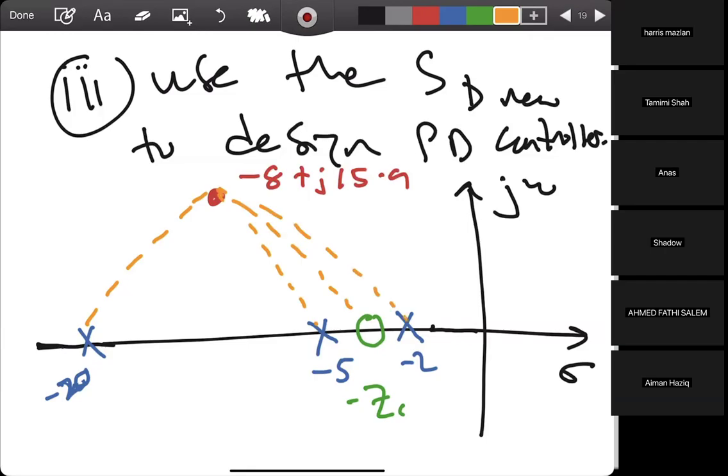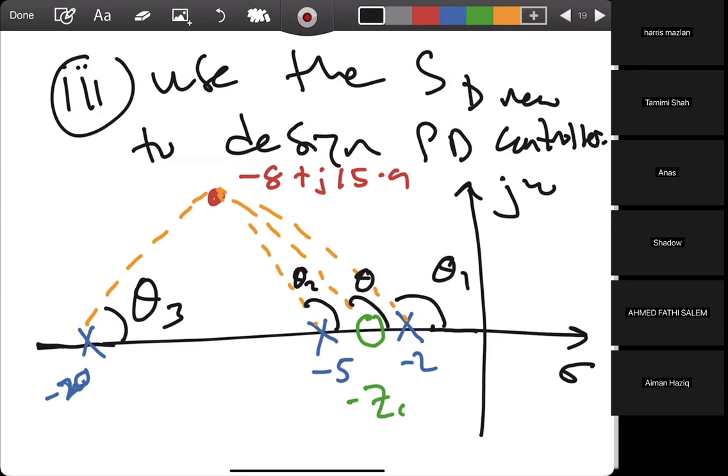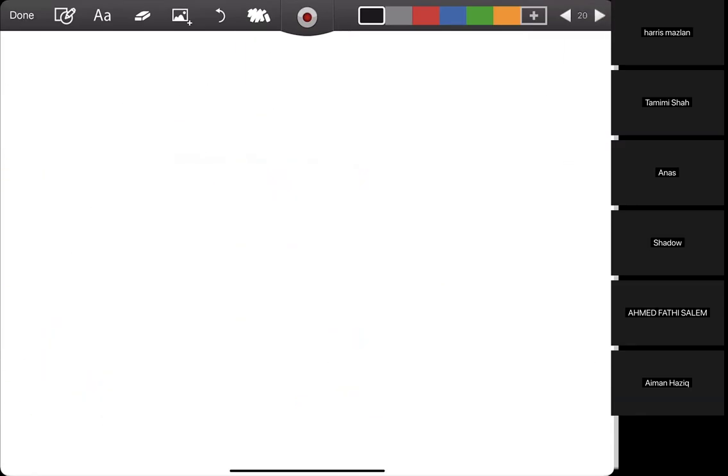And then calculate the angle. Okay. So let's say this one is theta 3, this one is theta 2, theta 1, and this one is theta. So calculate the value.